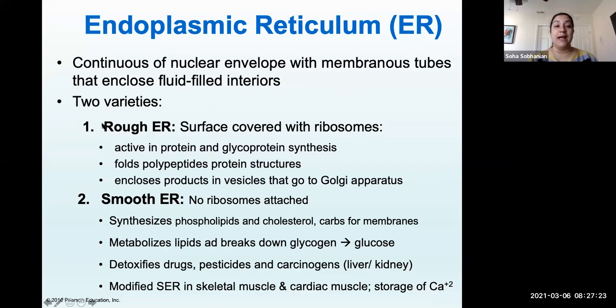Therefore, we refer to this as rough ER. Now, if part of this ER does not have ribosomes attached to it, these tiny dots that I showed you in orange, if these dots are absent, then the surface of the ER would be smooth, and I literally refer to it as smooth ER.